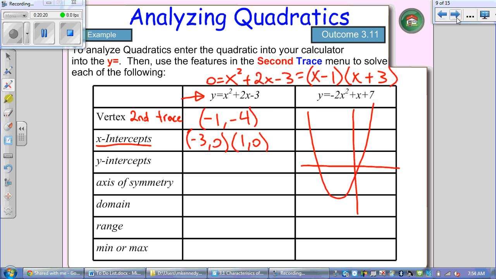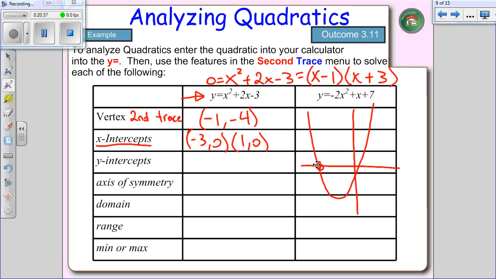Either one, doesn't matter which one. I'm going to do the one on the left first. Hit enter, and then go right bound of your X-intercept. So I'm picking this first one right here. I went left bound, so anywhere in this section. And then I went right bound, anywhere in this section. Hit enter.